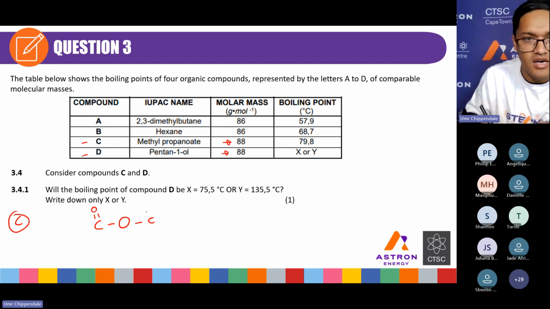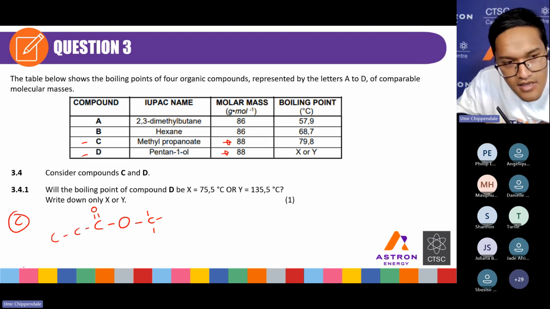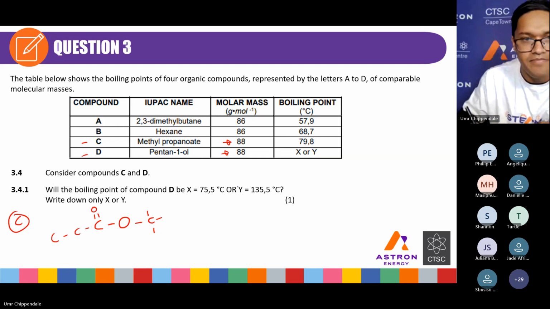Methyl propanoate. So the one that does not have a double bond, that carbon is your alcohol section. And then propanoate. So that's 1 carbon already, 2, and 3. That will be our compound D. And then our compound E, in a different color. Pentan-1-ol.